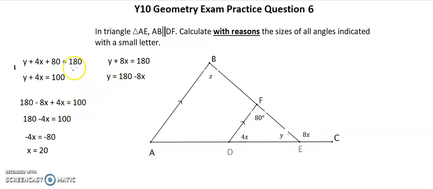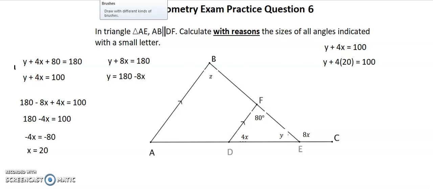I am able to now solve. So again, I am going to start off with my equation over here: y plus 4x is equal to 100. So that just means that I know that my x is 20, so I'm just putting it into that place.